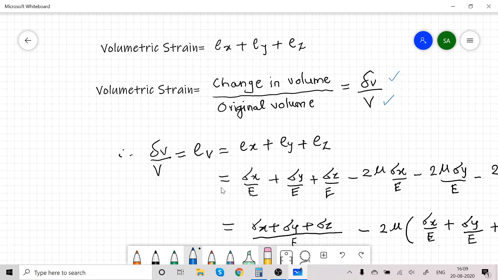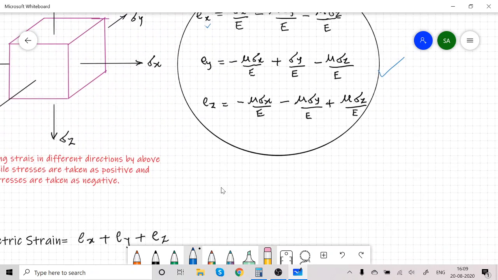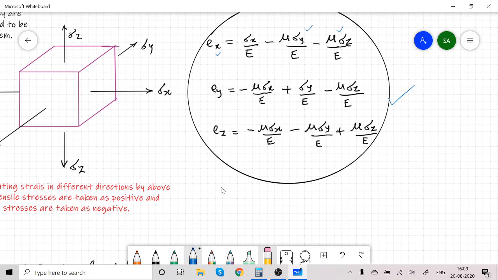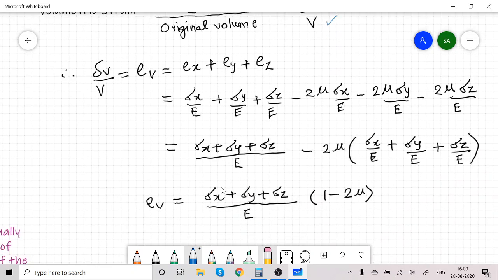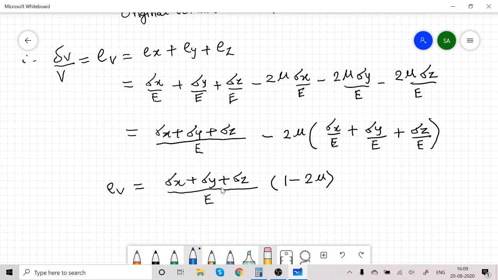Now, what I will do, I will substitute the values of Ex, Ey, Ez in this equation and simplify this. After simplifying, what I will get, EV, that is volumetric strain, is equal to sigma x plus sigma y plus sigma z upon E into bracket 1 minus 2 mu.